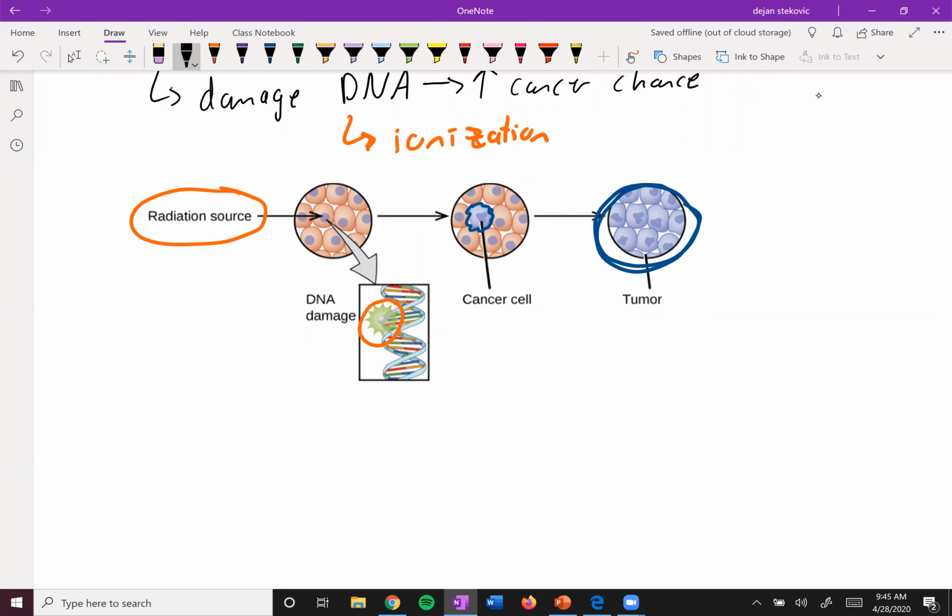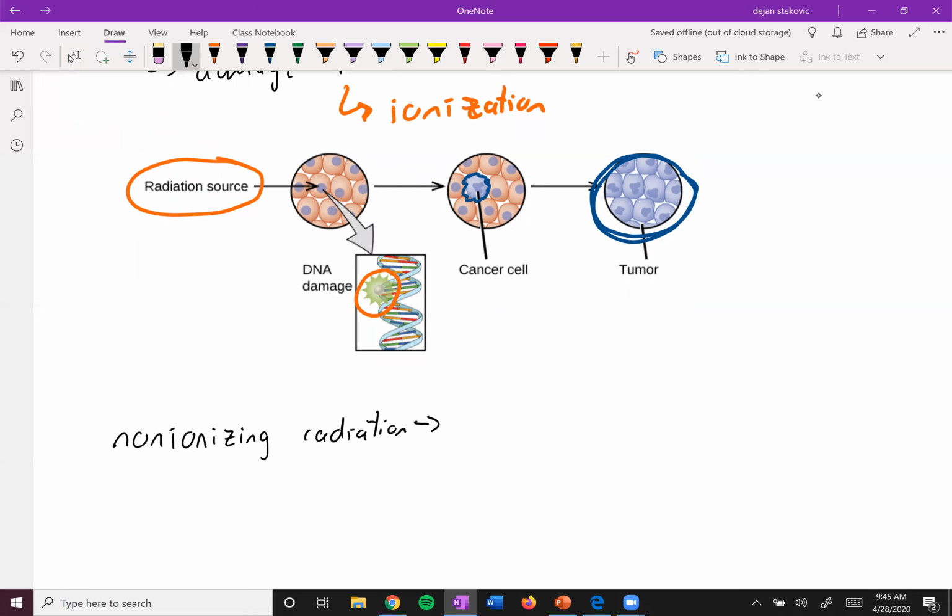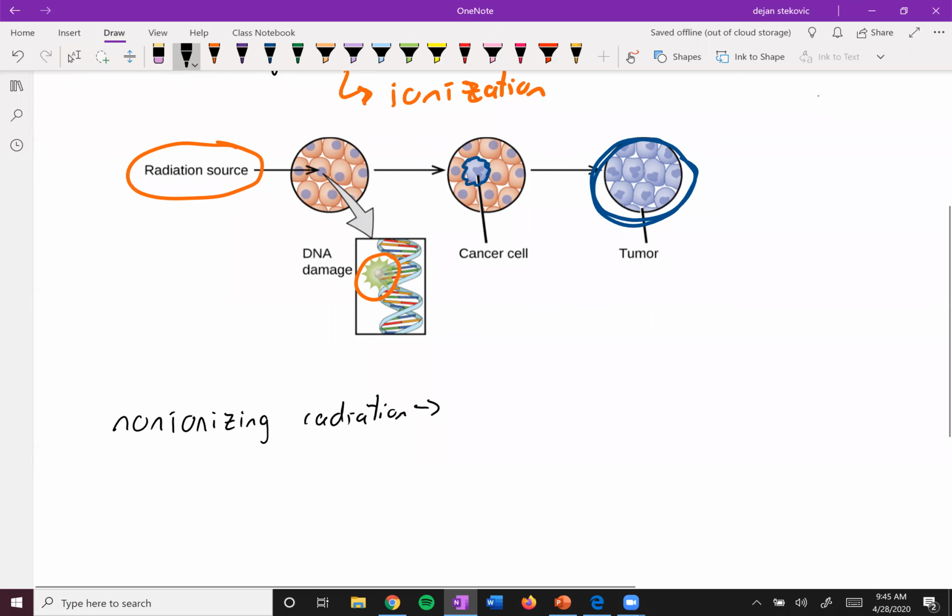And so there's two types of radiation when we're talking about electromagnetic radiation. First off, there's the non-ionizing radiation. And so this is light spectra that don't have enough energy to make ions. So they cannot make ions.